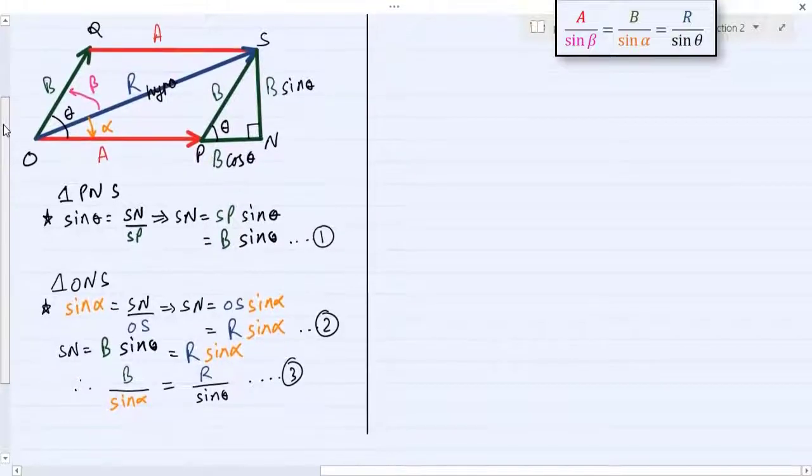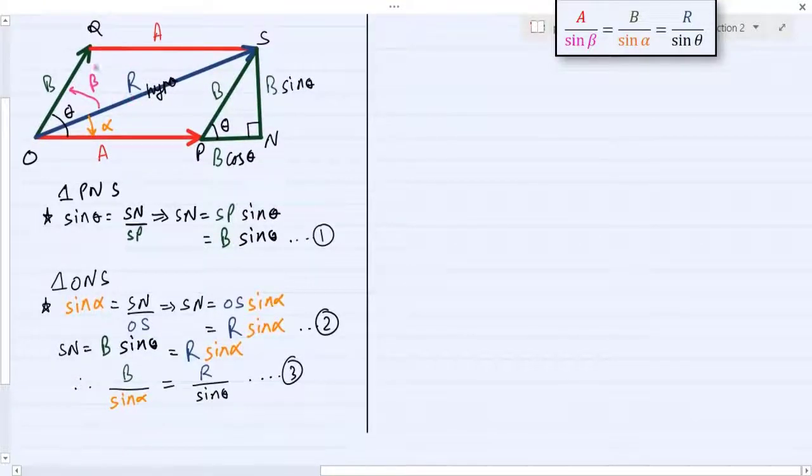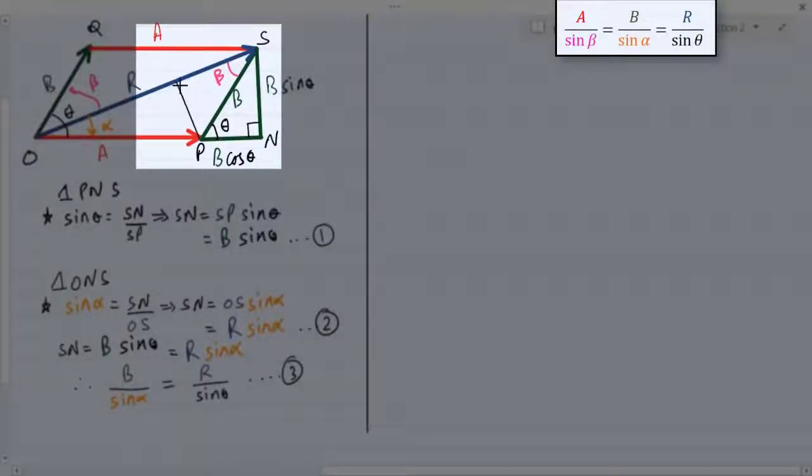Now we need to get the value of sine beta, and our angle beta is angle QOS, or we can say our angle OSP is also beta. Now, to find sine beta, we have to create a right angle triangle. So let's draw a perpendicular from the point P to OS.